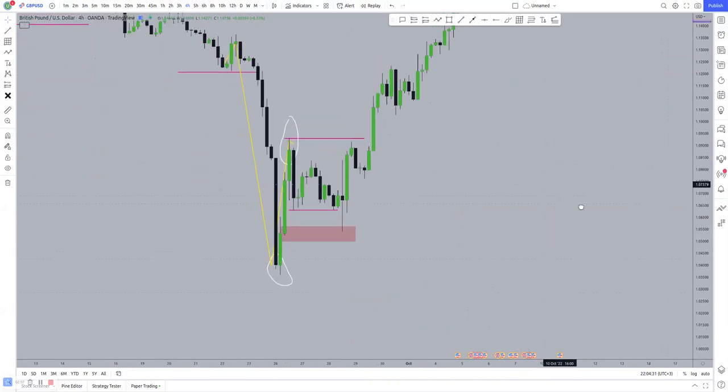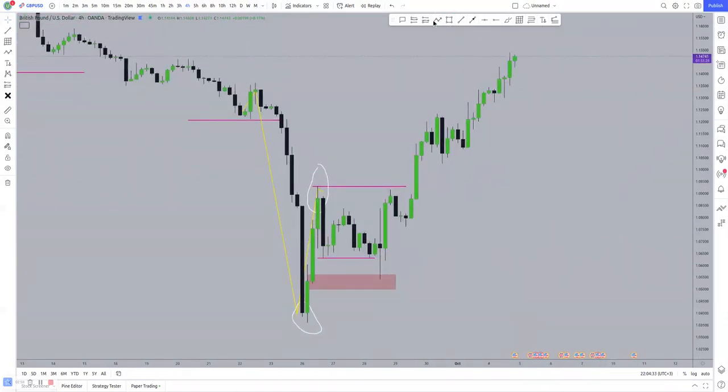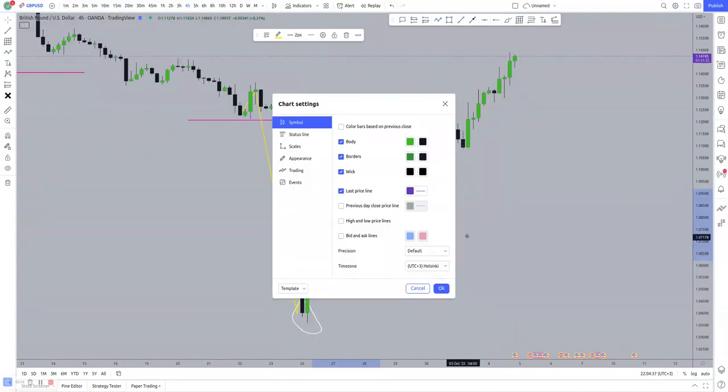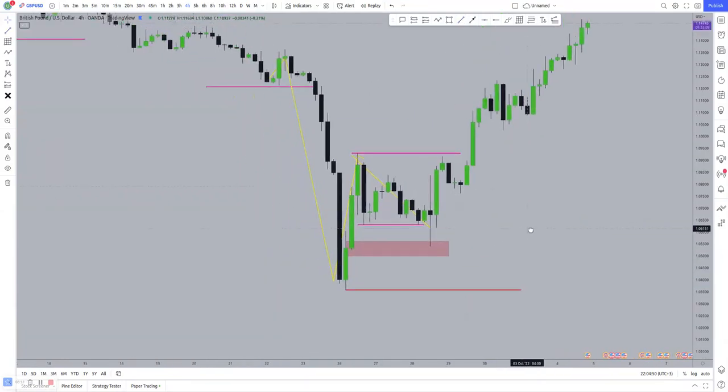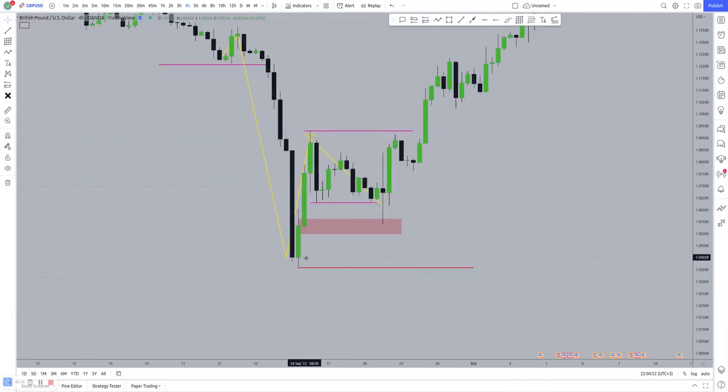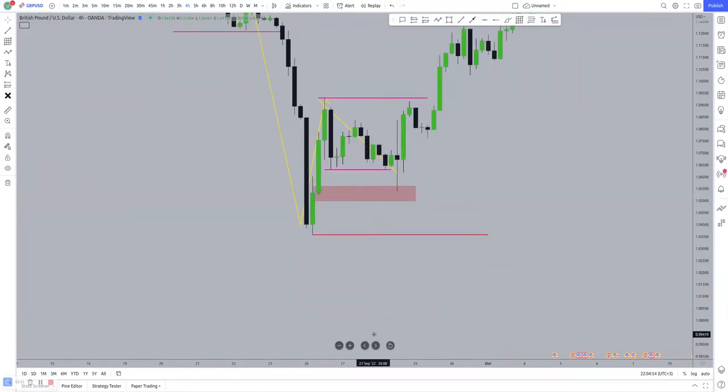But then price comes and fails to take out this low. Okay, because if price had taken out this low, then we would have a lower low.